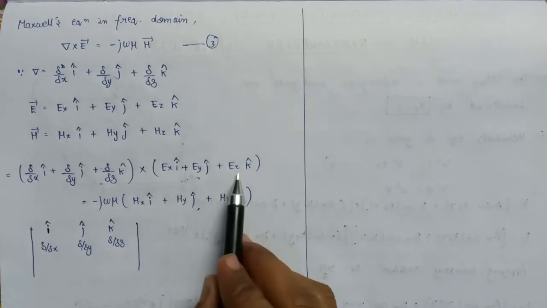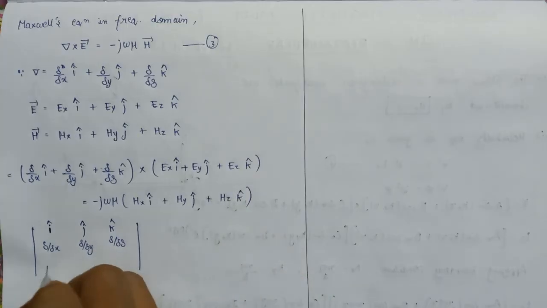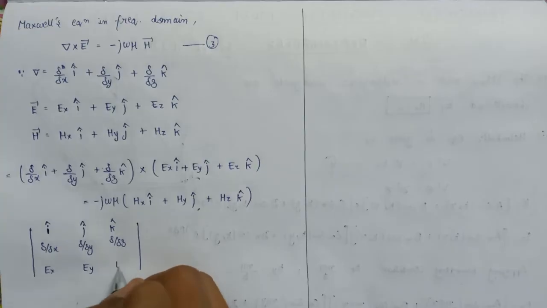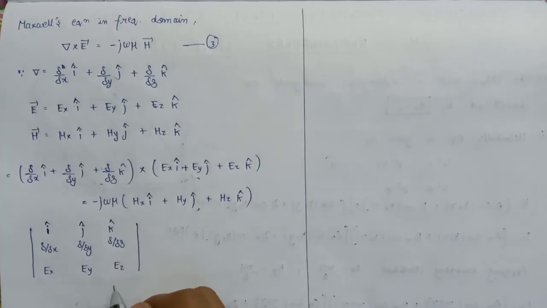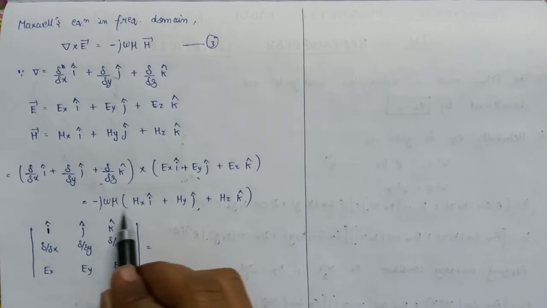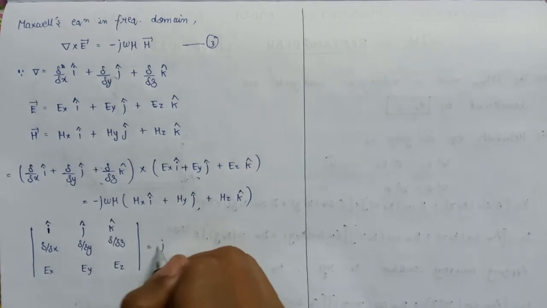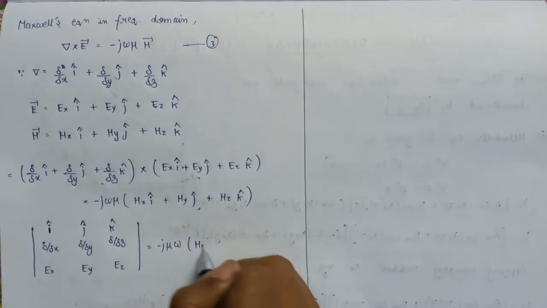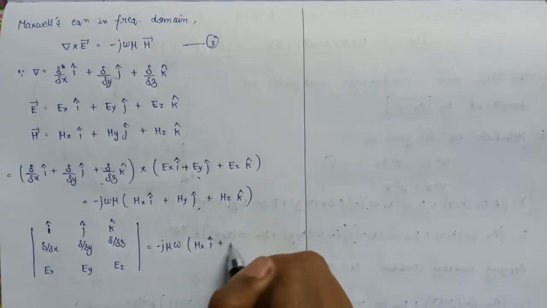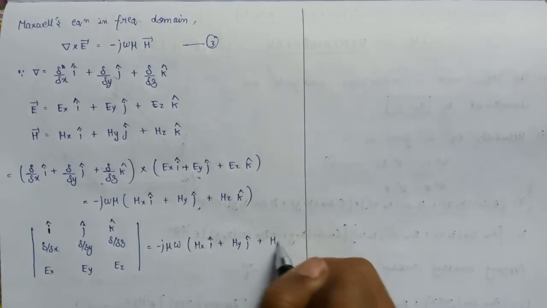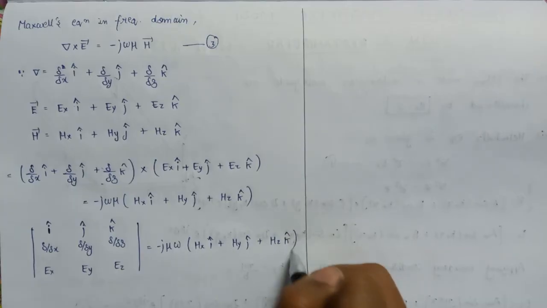Similarly, for the electric field component, we write Ex, Ey and Ez. That is nothing but equal to minus j omega mu (Hx i cap plus Hy j cap plus Hz k cap).